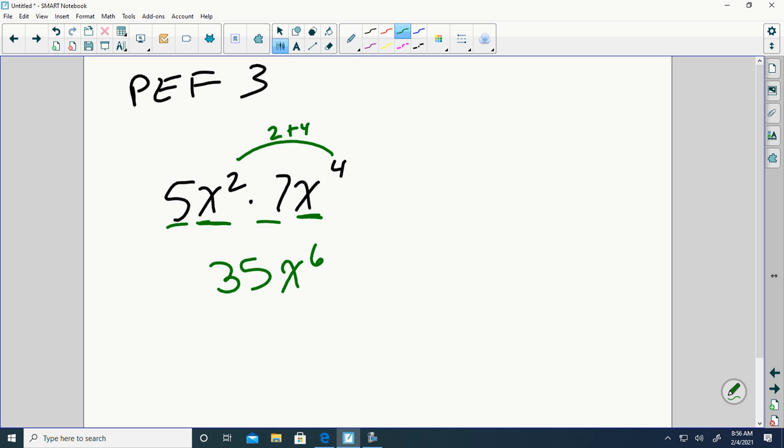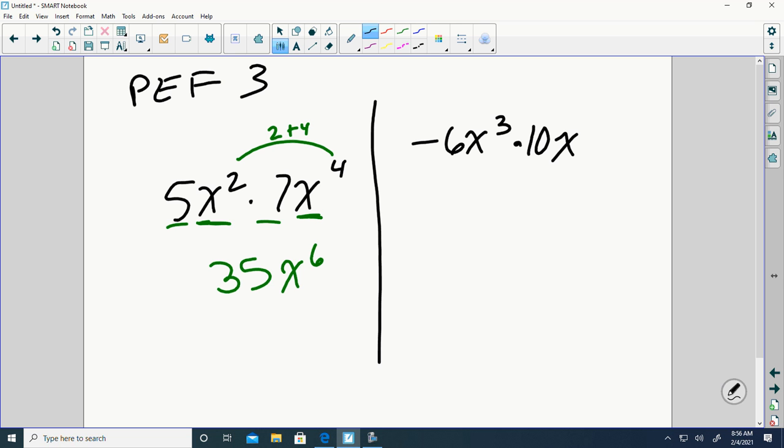Not yet. All right, the other problem on that page is negative 6x to the third times 10x. Okay? So, my friends, do you feel comfortable that if I have x sitting there, that's actually x to the first? Cool. Negative 6 times 10 is negative 60.